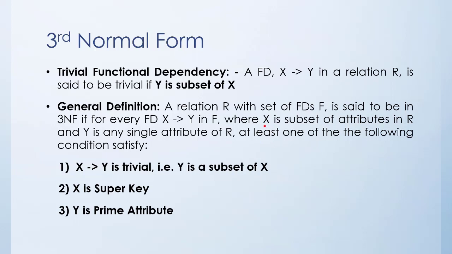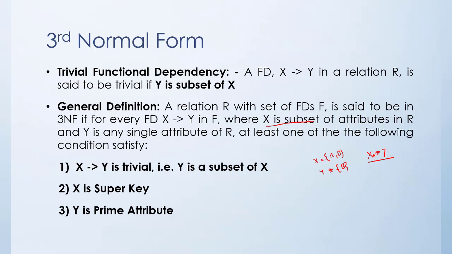So suppose X is A and B, and Y is B. If we write X determines Y, here Y, that is B, is a subset of X. That is why this functional dependency will be called a trivial functional dependency. So the first condition says X determines Y is trivial, that is Y is a subset of X.